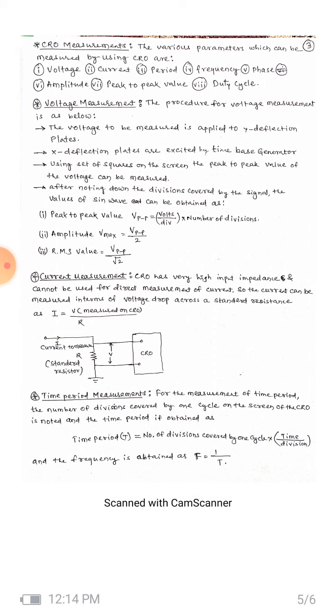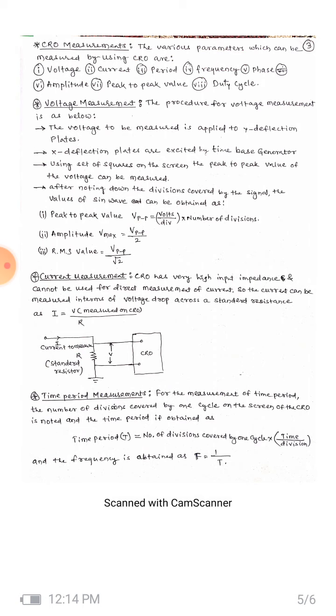The various parameters we can measure using CROs are voltage, current, period, frequency, phase, amplitude, peak to peak value, and duty cycle. First, we learn how to measure voltage using a CRO.